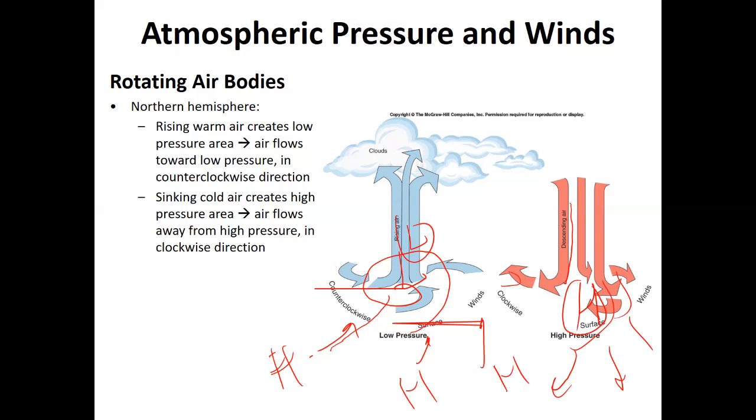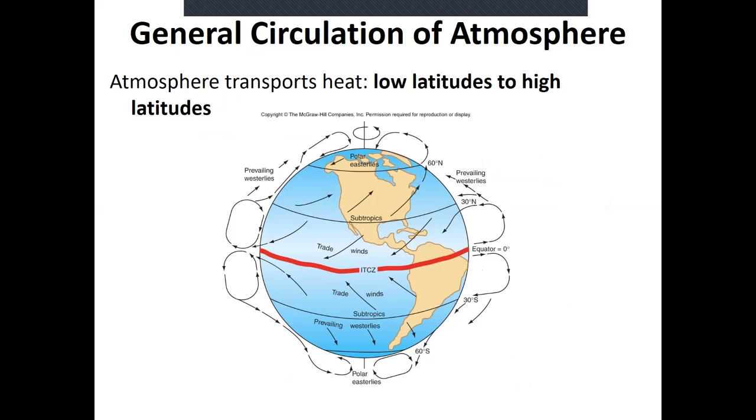So that's why cyclones rotate counterclockwise in the northern hemisphere and clockwise in the southern hemisphere. That's because of the Coriolis effect. And the Coriolis effect is also responsible for the direction of our prevailing winds.